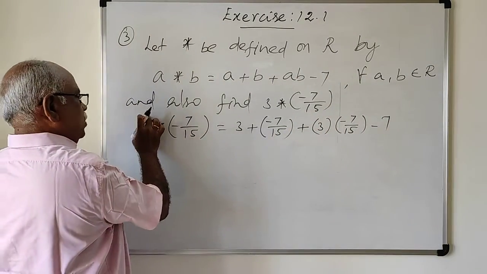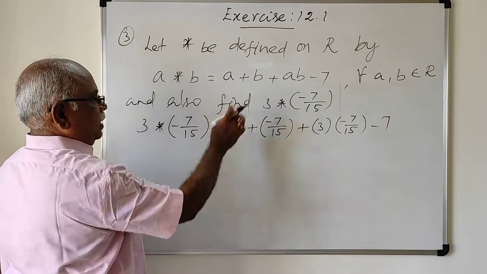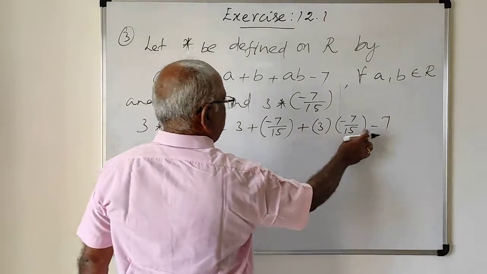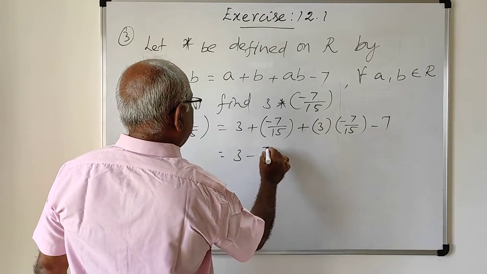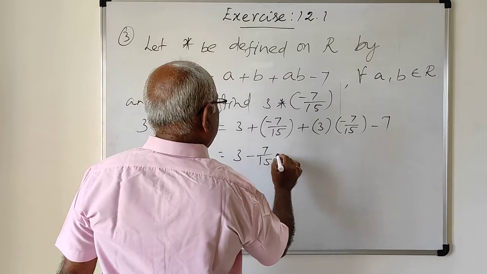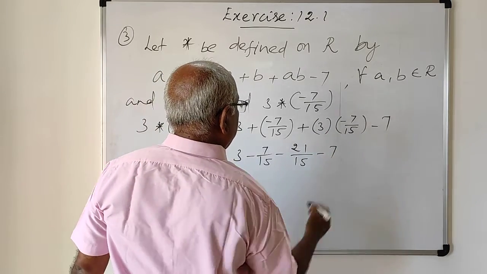Instead of A you can write 3 and instead of B you can write minus 7 by 15. This is 3 minus 7 by 15 minus 3 sevens are 21 by 15 minus 7.